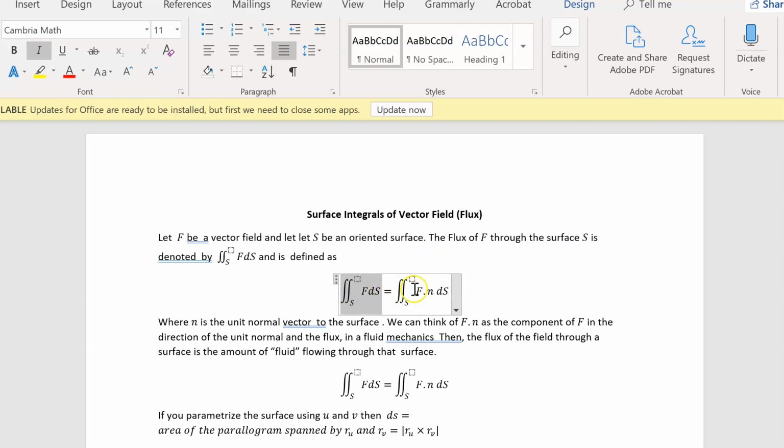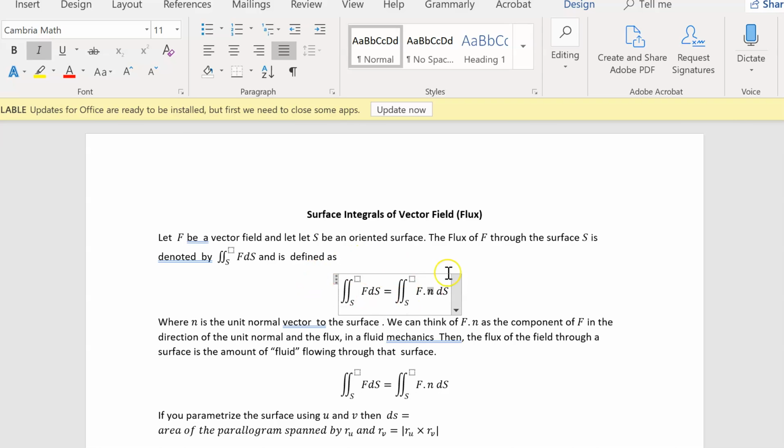It's defined as the surface integral of the dot product of the vector field with n. What is n? n is the unit normal vector to the surface.